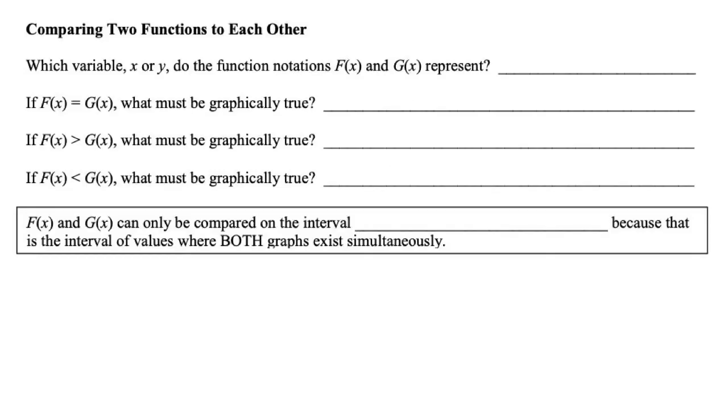Okay, in this video we are going to discuss interpreting graphs of functions. So on this first part, you are asked which variable, x or y, do the notations f of x and g of x represent, and they're all going to represent y, the variable y.